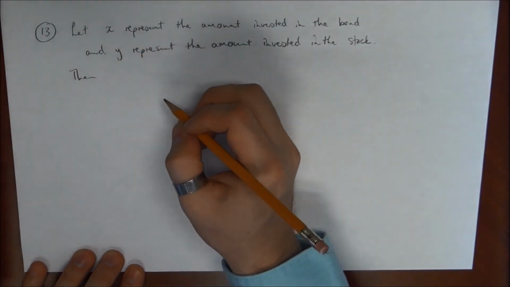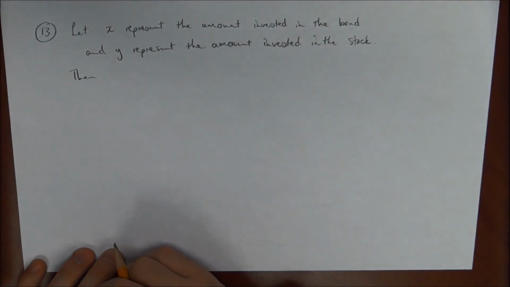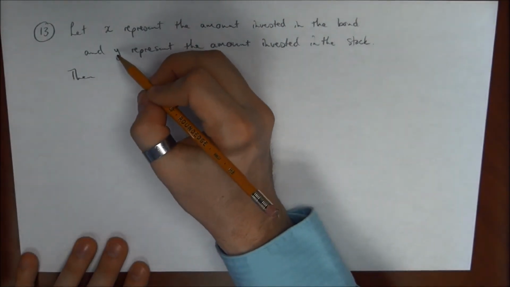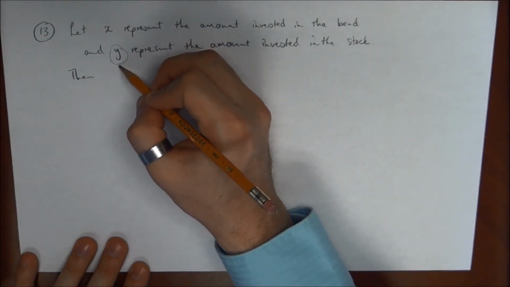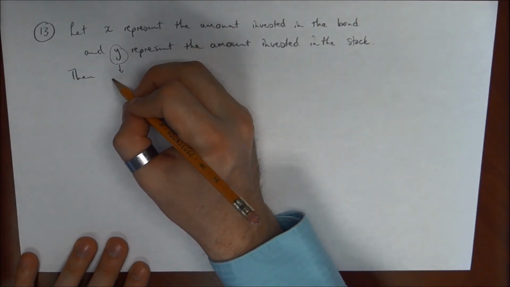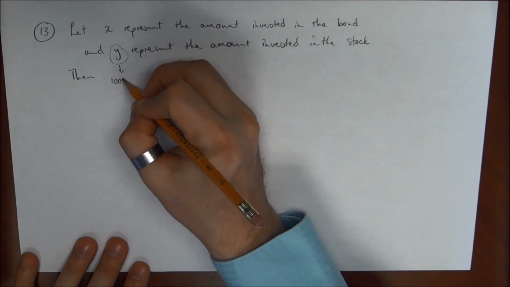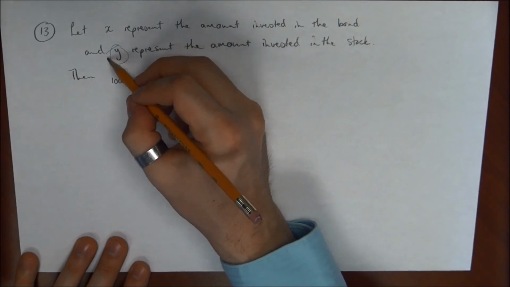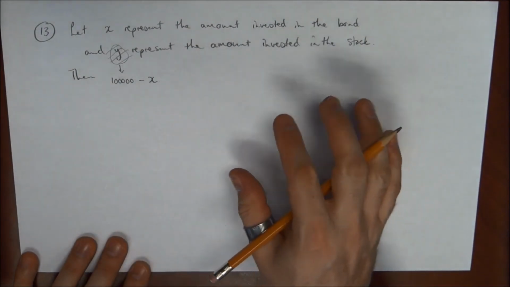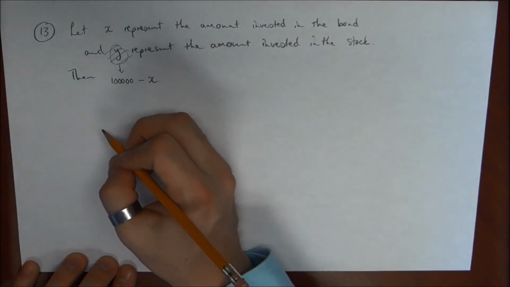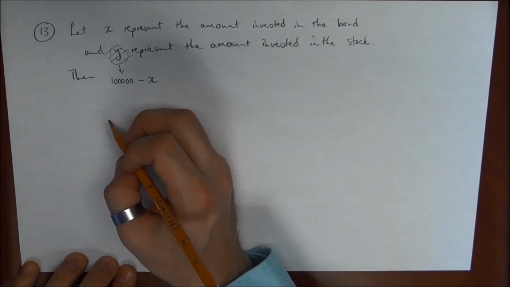Then, what do I know? Do I really need two variables? It's fine if you do, but you could also say, well, instead of this, I could replace this with 100,000 minus x, thereby eliminating the one variable, making my life way easier. So, what do I have now?